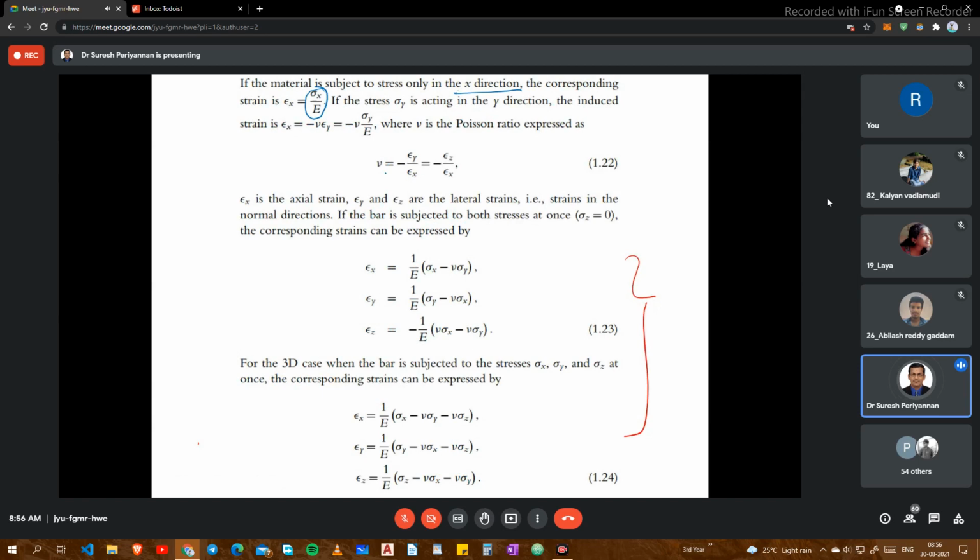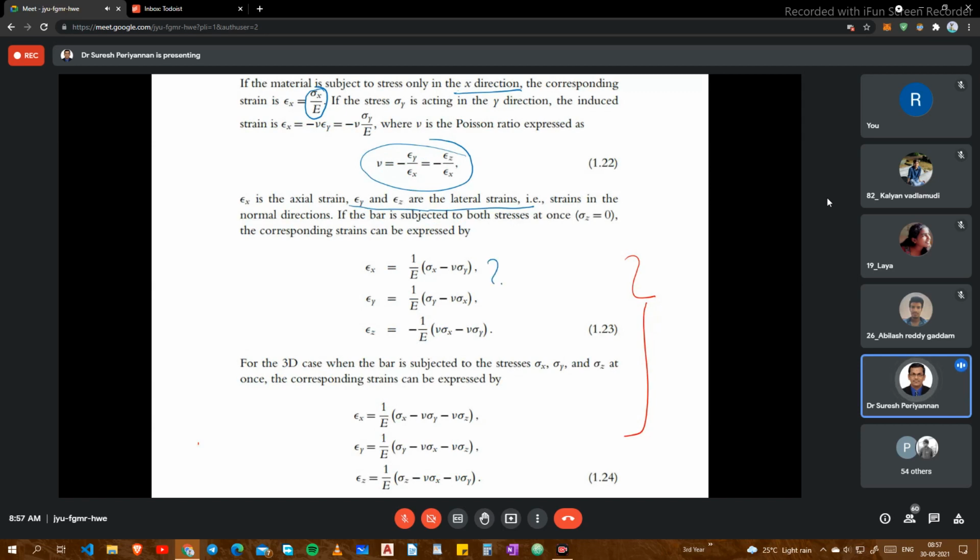Then we can take epsilon y by epsilon x, epsilon z by epsilon x. This is nothing but our Poisson ratio. Now, epsilon x is the axial strain, and epsilon y and epsilon z are the lateral strains. You very well know about this. Now, I would like to write whatever we derived earlier.